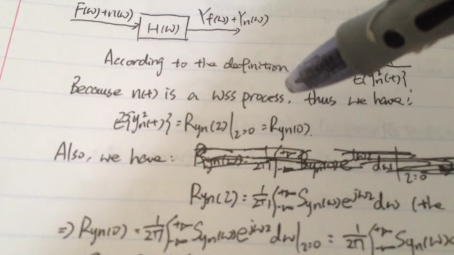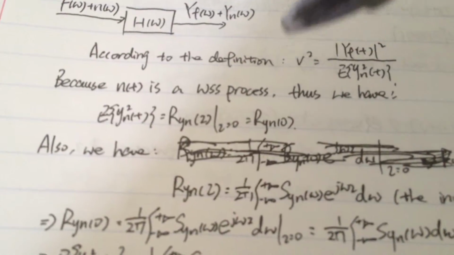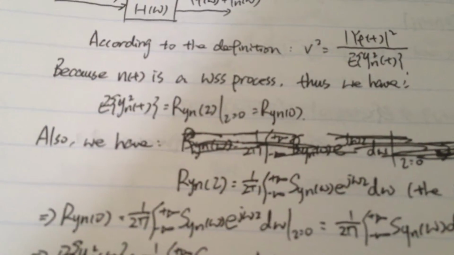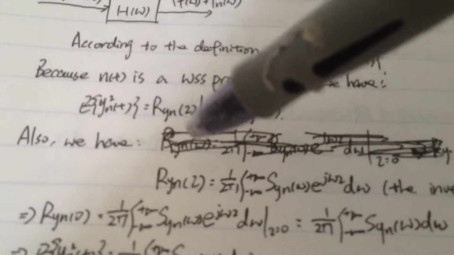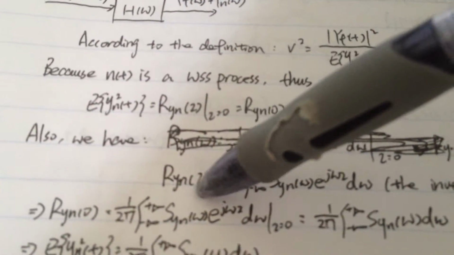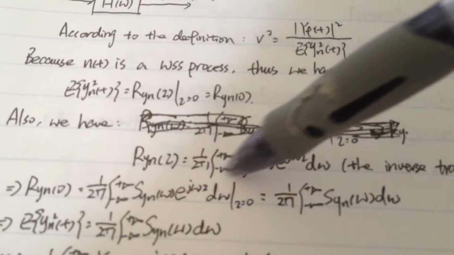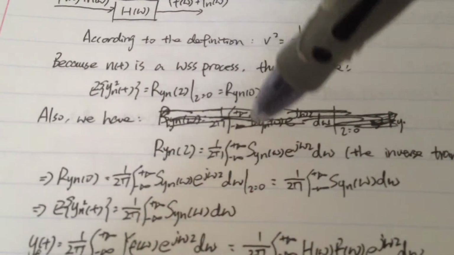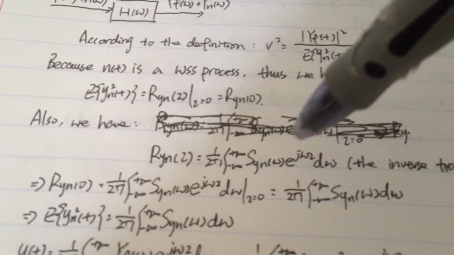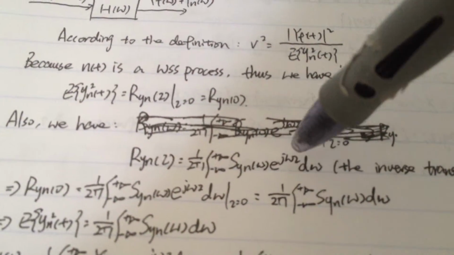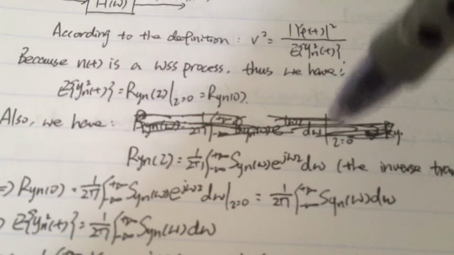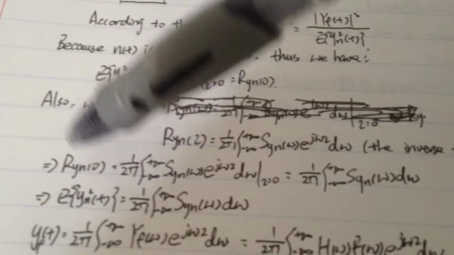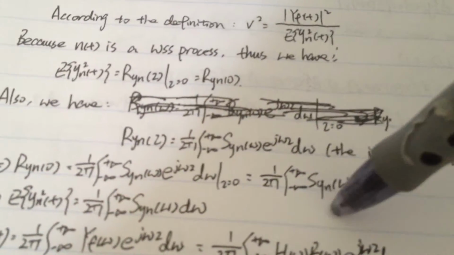And also, according to the inverse transform, we know that the autocorrelation of y_n should equal this one. When tau equals 0, e to the power of j omega tau equals 1, so that this part equals this one.